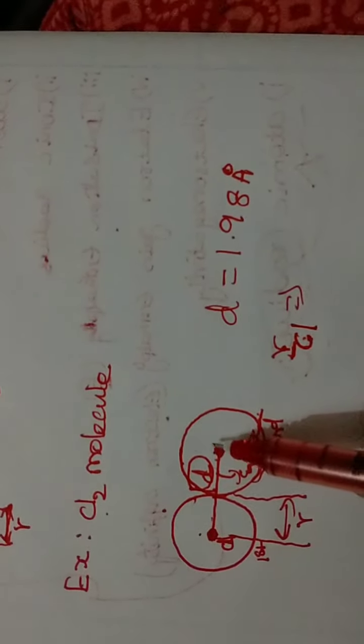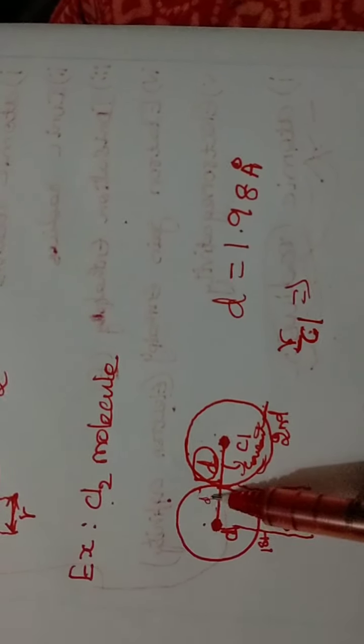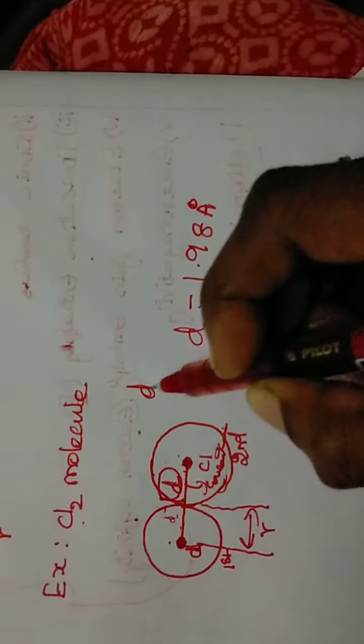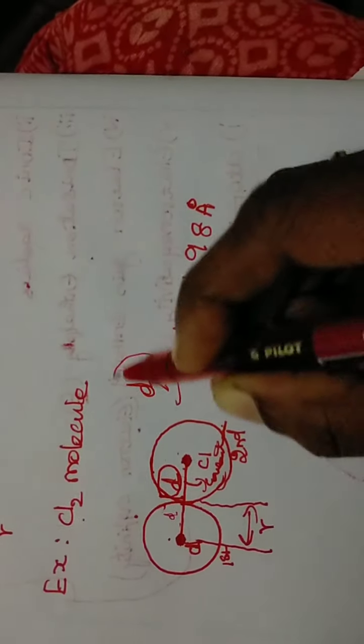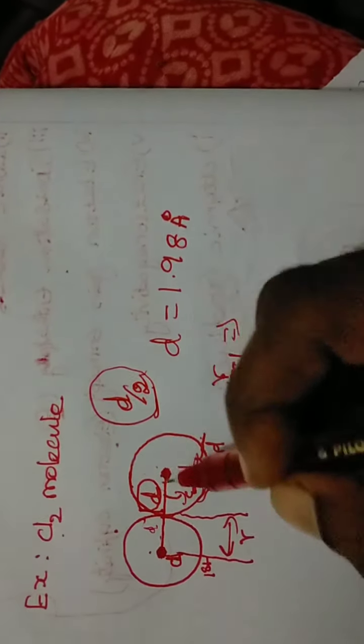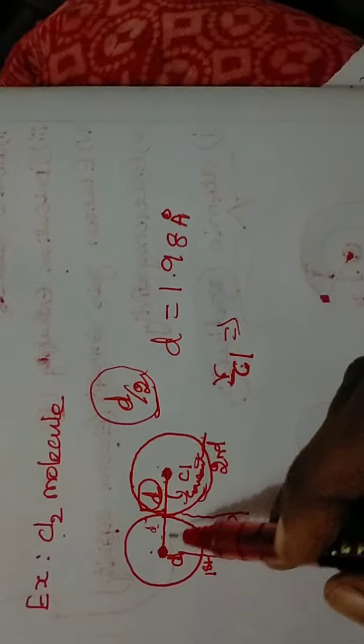Come here in this picture. The distance between one chlorine and the other chlorine is D. Then one half of this distance, D by 2, we should calculate. If D by 2, that is R, right?